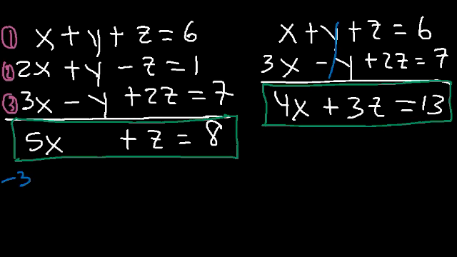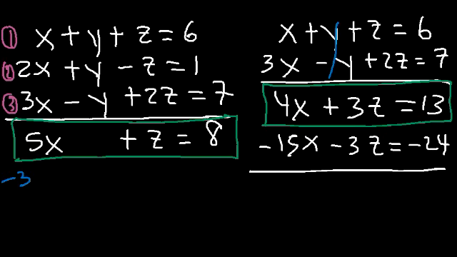I'm going to put the -3 here, so I can rewrite the equation right below this one. -3 times 5x is -15x. -3 times z is -3z. And -3 times 8 is -24. So now we can add these two equations. 4x plus -15x, that's the same as 4 minus 15, which is -11.